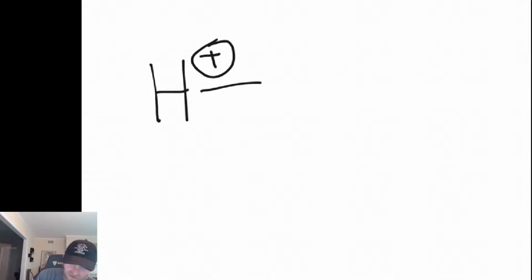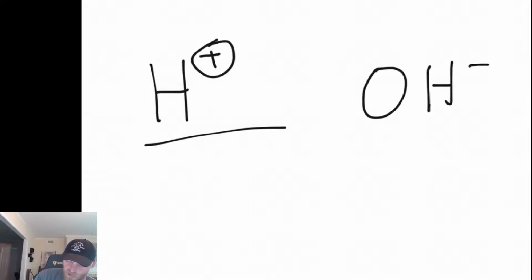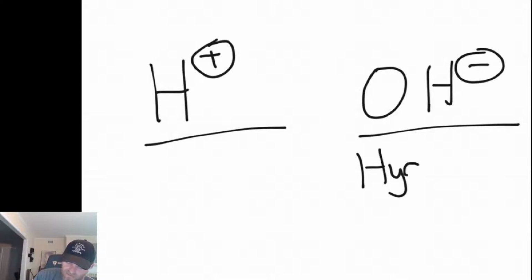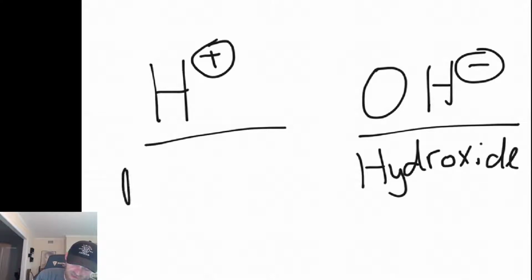So essentially all I have here is a proton because its mass is 1, so it also doesn't have a neutron. So anyway, an acid produces a hydrogen proton, and then a base produces what we call a hydroxide anion. Okay, so you'll see this as hydroxide. And this can either be called a proton or a hydrogen ion.